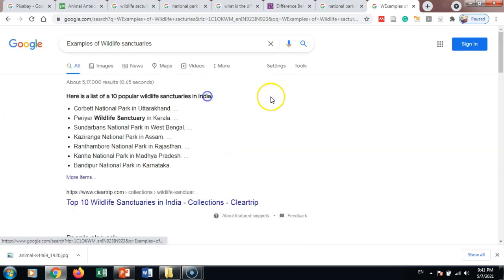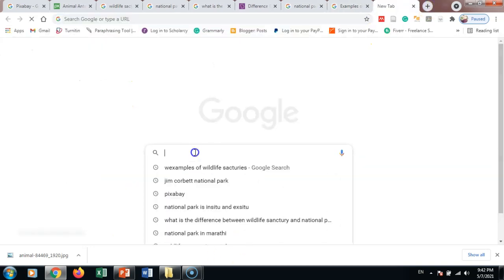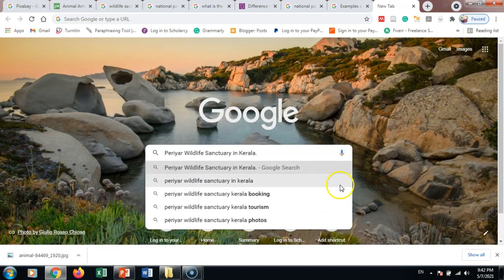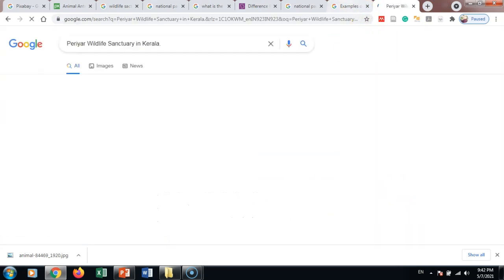Okay, Periyar Wildlife Sanctuary in Kerala. Let's see what is the speciality of Periyar Wildlife Sanctuary, which is situated in Kerala.